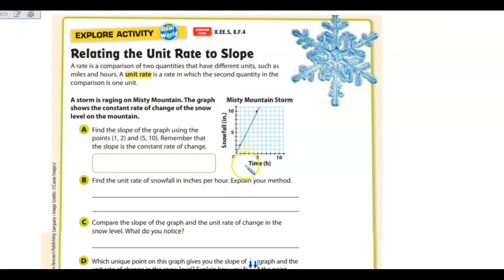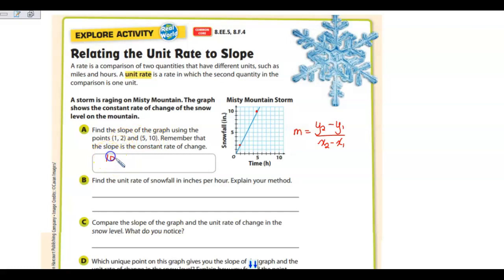And we can find the slope because it's the same as our constant rate of change. If we use the formula that we learned in our last lesson, we can do the change in y over the change in x to find our slope, which is also the same as our rate of change. So in this case, my y2 would be 10, my y1 would be 2.